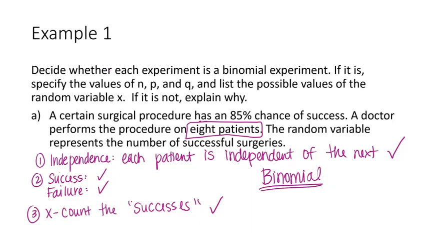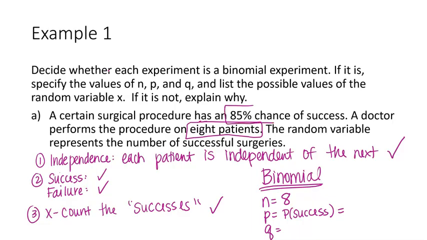And it's just a shortcut to finding my probability. So because I am binomial, it wants me to find N, P, and Q. N is my total. How many total surgeries do I have? 8 patients. P represents the probability of having a successful surgery.